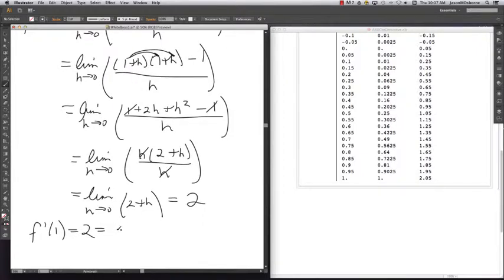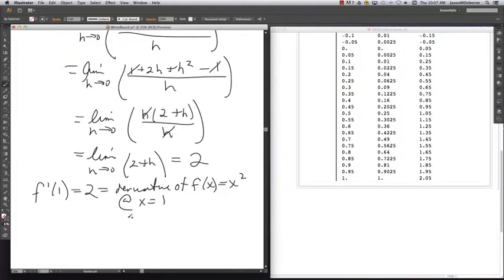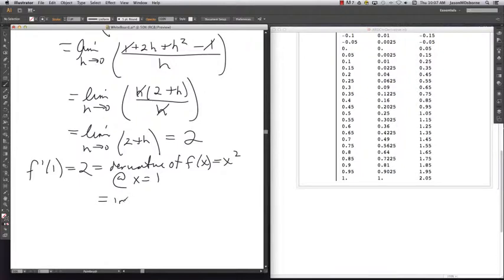This is pronounced the derivative of the function f of x is equal to x squared at the value x is equal to 1. Or you can say that it is the instantaneous rate of change of the function f of x at x is equal to 1.